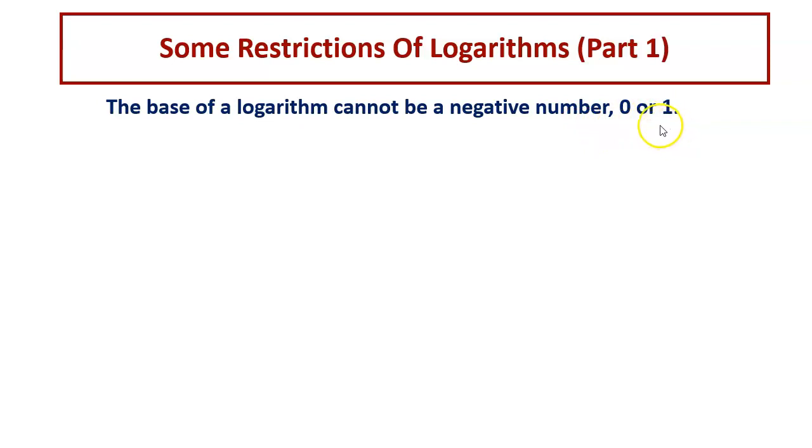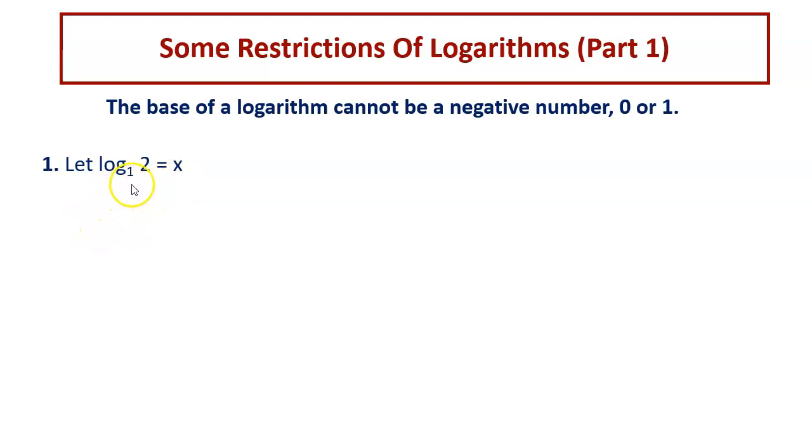Let us start with the rightmost number, that is 1. Let us take the base of the logarithm to be equal to 1. So let log 2 to the base 1 equal x, and we convert this to an exponential equation.